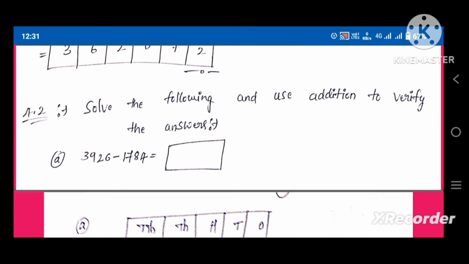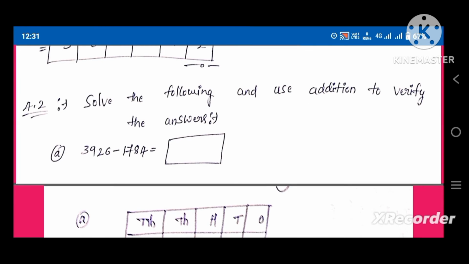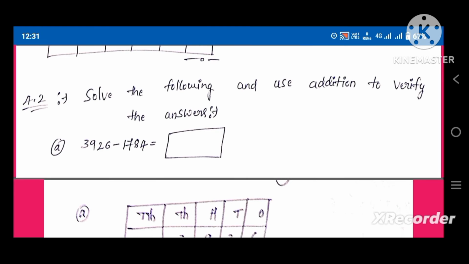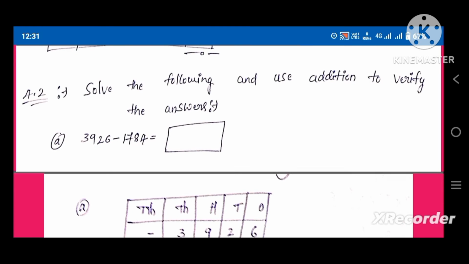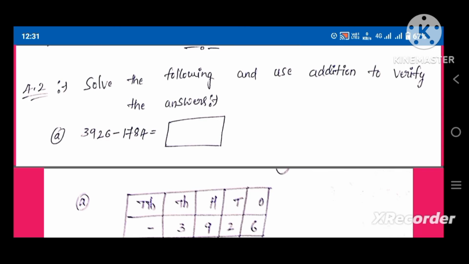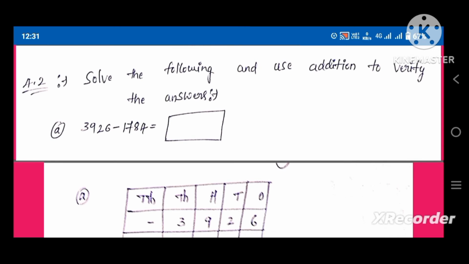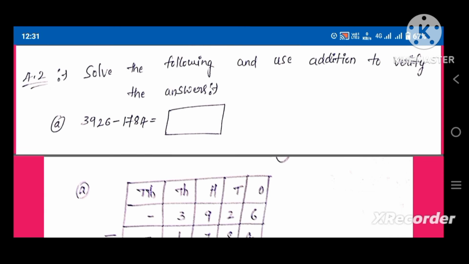Four point two, solve the following and use addition to verify the answer. A, 3,926 minus 1,784 is equal to dash.